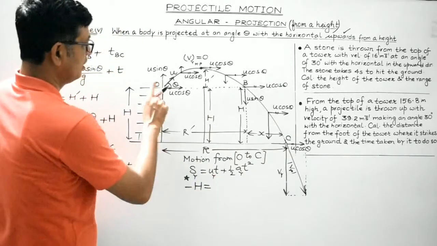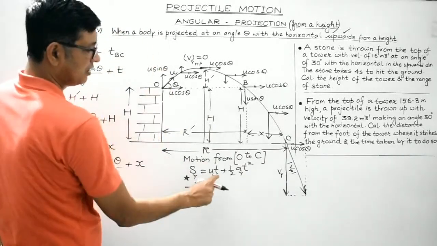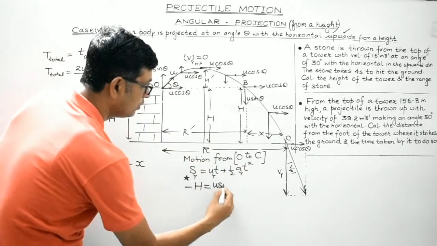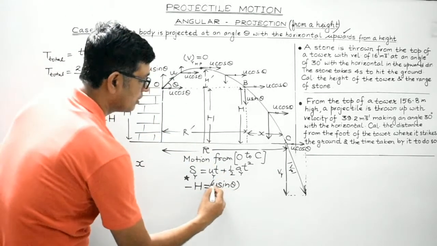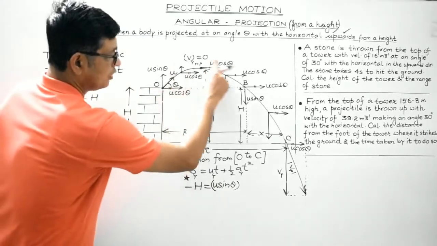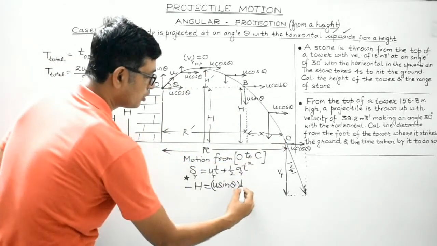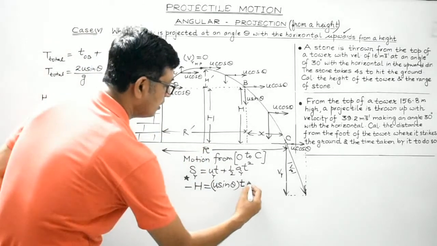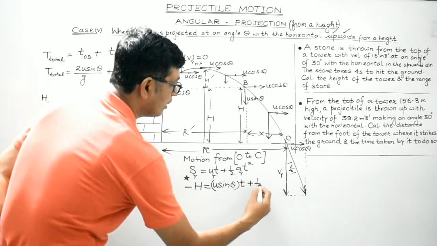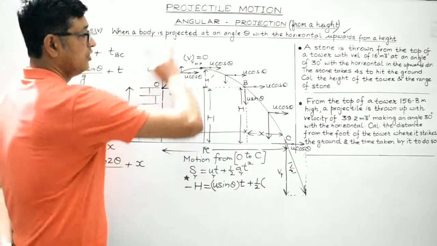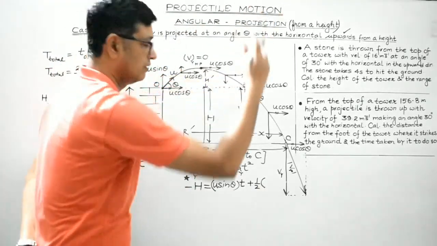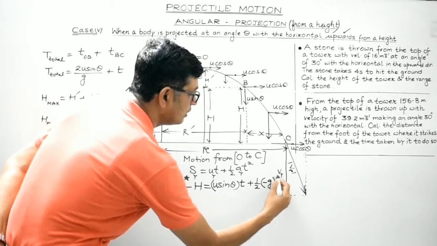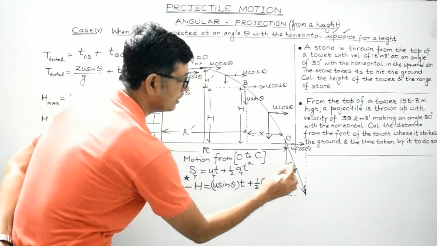What is uy? uy is u sin theta. It is the initial vertical component of velocity at point O. What about t? This is the total time of flight. Let us consider it to be t only. Here small t is the total time of flight, the total time taken by the projectile from O to C. Plus half. What is ay? Initially it is moving in the upward direction, so it is minus g, and t square.